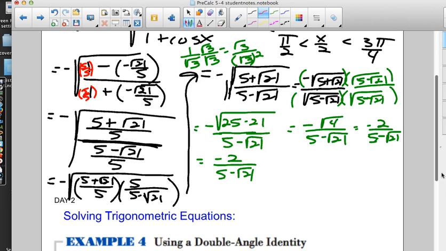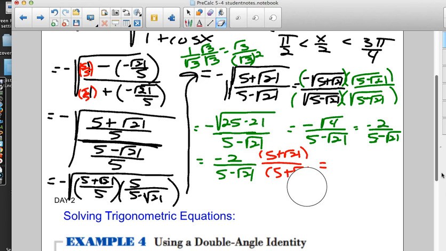And now, this is stuff you did in Algebra 2, where you know you're going to multiply by the conjugate to get rid of that last square root. So this will be 5 plus the square root of 21 on the top. And the bottom.